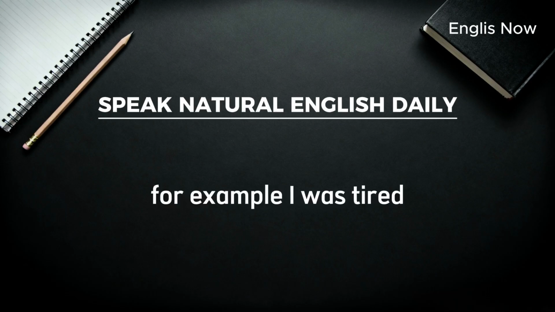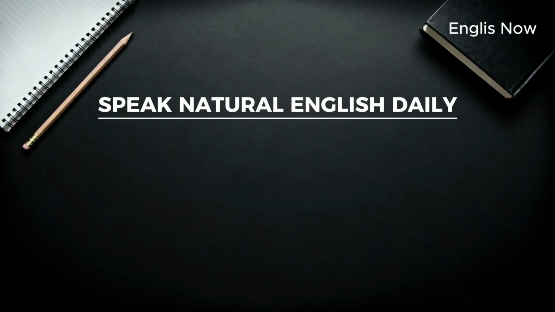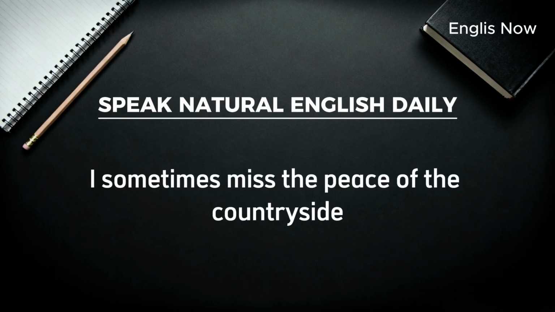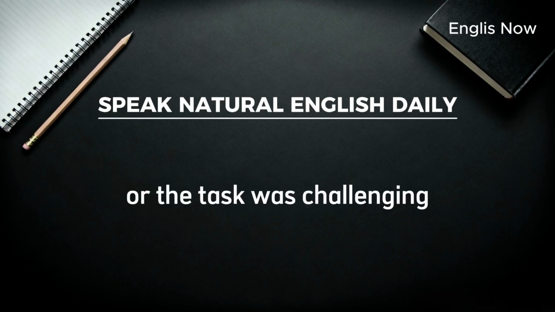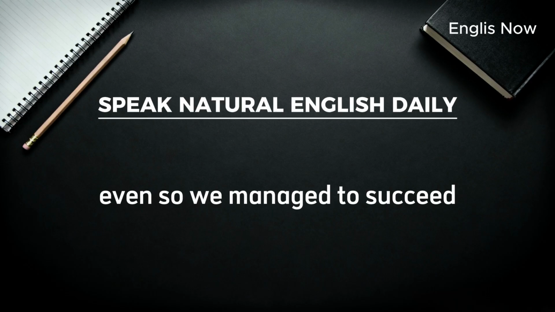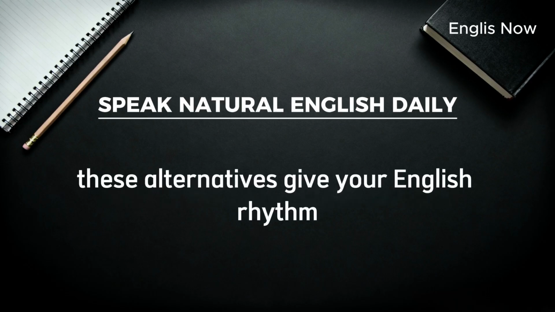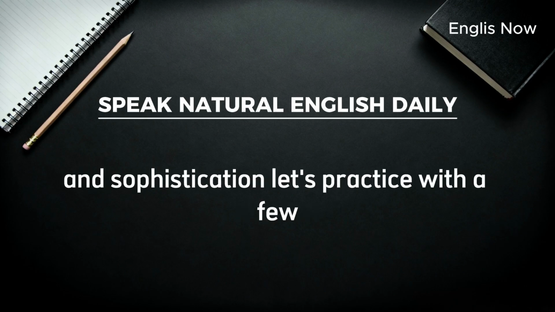For example, I was tired, nevertheless, I completed the project. Or, I enjoy city life. On the other hand, I sometimes miss the peace of the countryside. Or, the task was challenging. Even so, we managed to succeed. These alternatives give your English rhythm and sophistication.